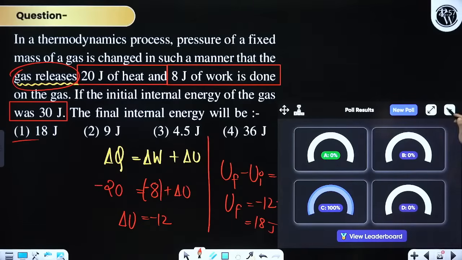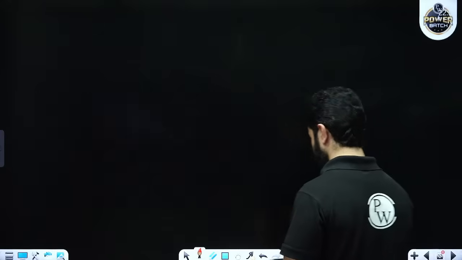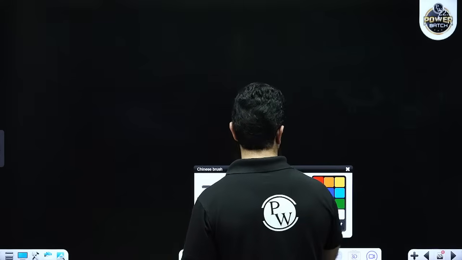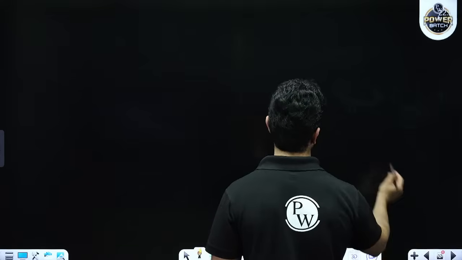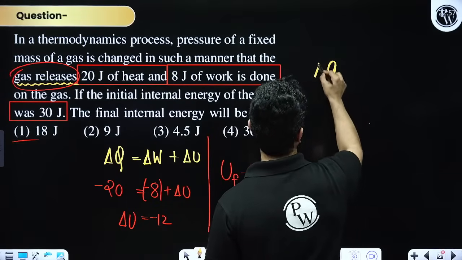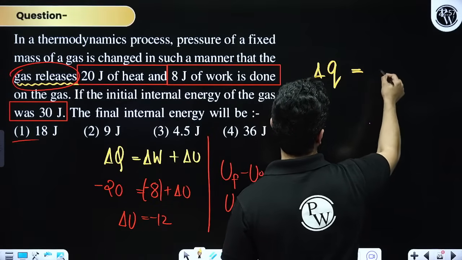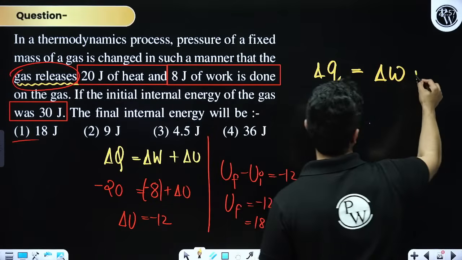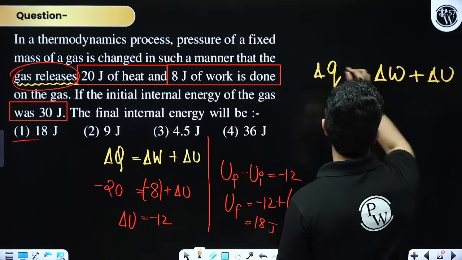No, it's nothing like that. Please understand this thing. This law, the first law, is the same, only the convention is different. Delta Q, the heat given, is used in two ways: one for work and one for this.